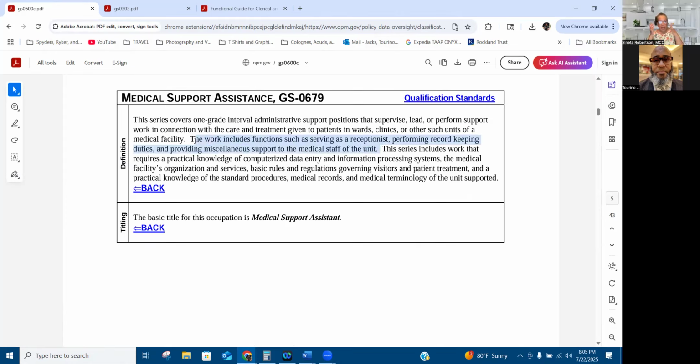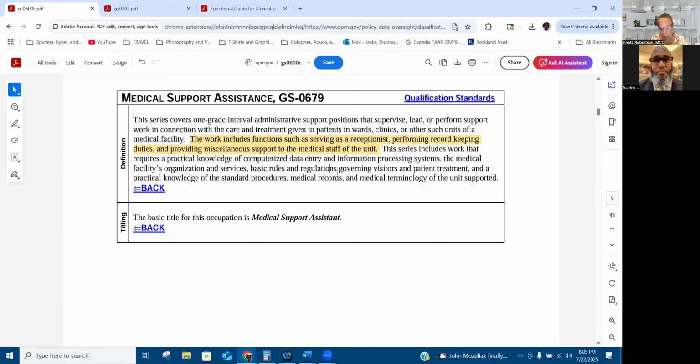Yeah, so you see, because it's a hospital, you have to narrow down to what's the primary purpose. Is the primary purpose of the position this, or is the primary purpose of the position just straight clerical or administrative assistant work from the 303 and the functional guide? Those are the kinds of things you have to look at when you are trying to determine whether you're in the right series and identifying the primary purpose of the work.